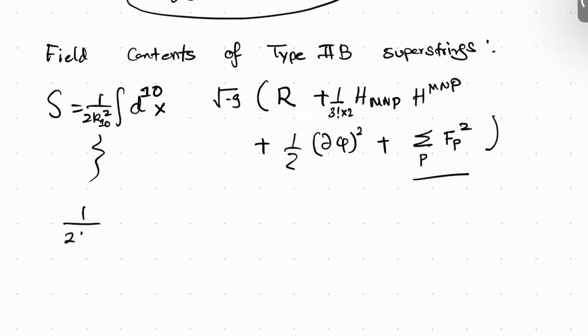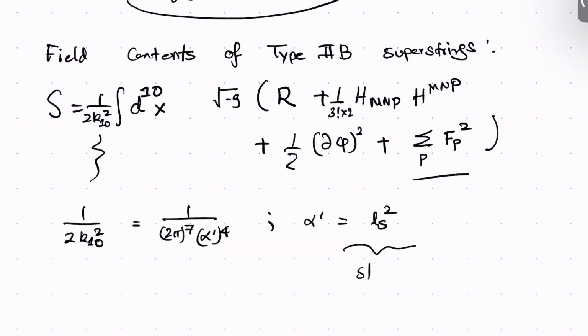So what is 2 kappa 10 squared? Before that, I should explain this. It is the only parameter in the theory, alpha prime to the 4th, where alpha prime is l_s squared. The only free parameter in the theory. That is the string length.